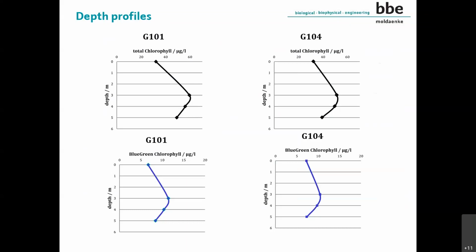We have another AlgaeTorch which can go down to 100 meters. That is more important to cover the photic zone. And with this instrument, we also have a depth meter where we can see where we are in the depths, and we cannot use it in this way where we had only a rope.